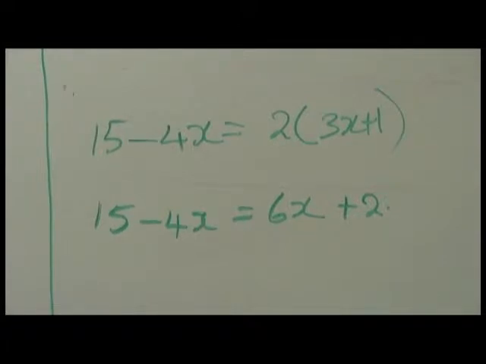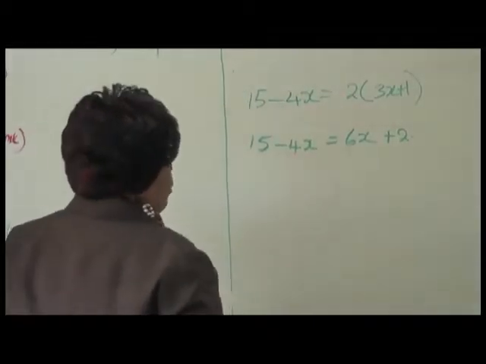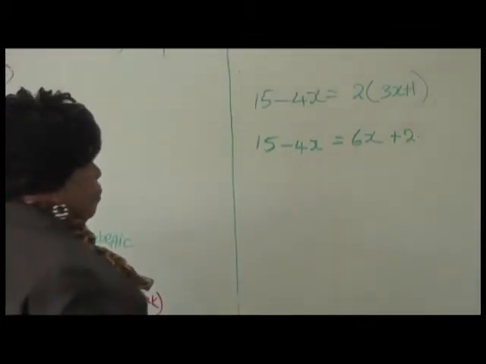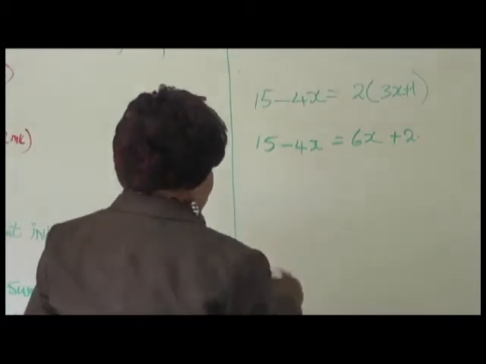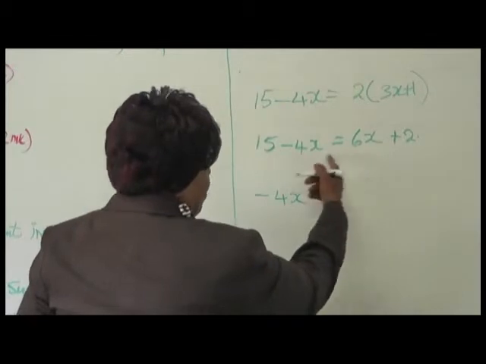What are we going to do after this, Jetta? We have to put like terms on each side. Right, we're now going to collect like terms on each side. So which side am I going to put what? We have to put the whole numbers on one side and those with the variables on the other. So I'm going to leave the 4x over here, and bring over the 6x to join it.